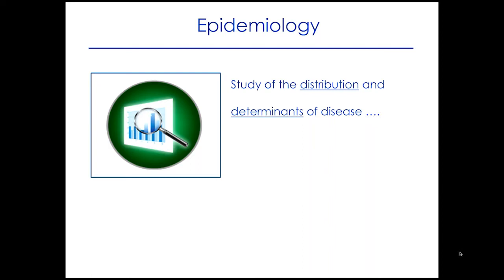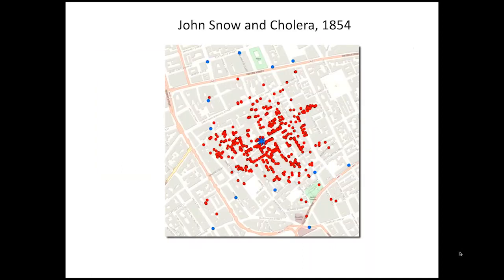And the good example is John Snow. John Snow, of course, and his famous investigation of cholera in 1854, walked the neighborhood, plotted the cases, and eventually came to the conclusion that there's a pump on Broad Street, taking water from a contaminated source, and of course that's where the cholera epidemic spread.